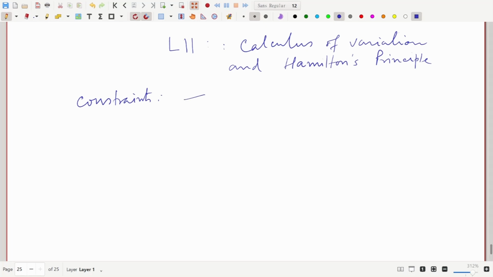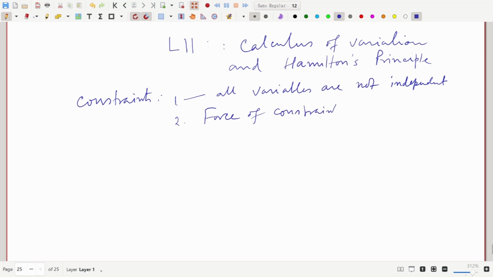One is that all variables are not independent, and the second problem is that the forces of constraint are not known a priori.